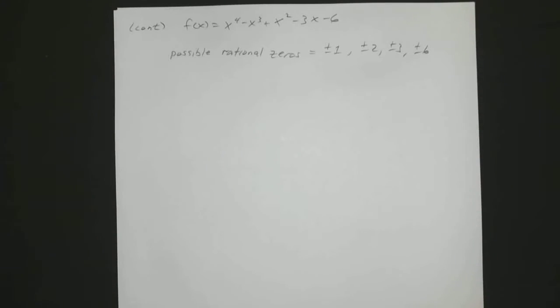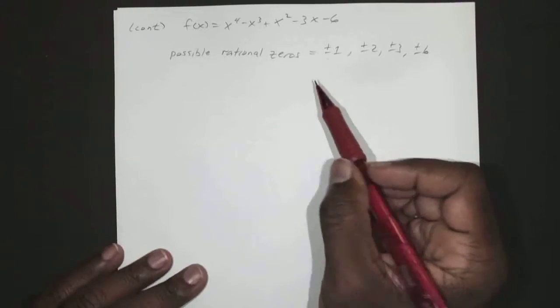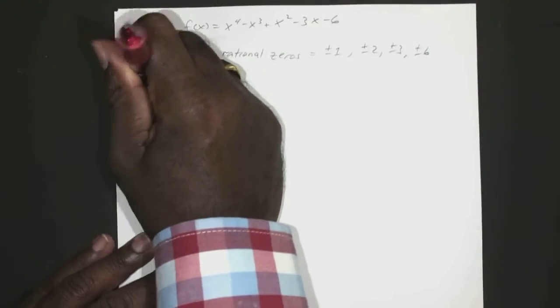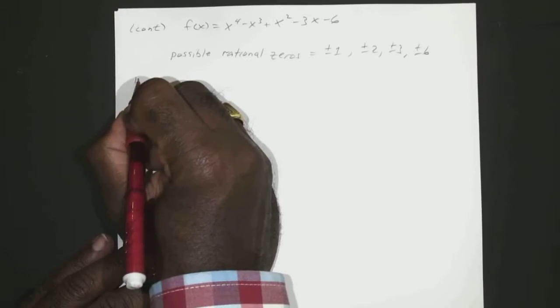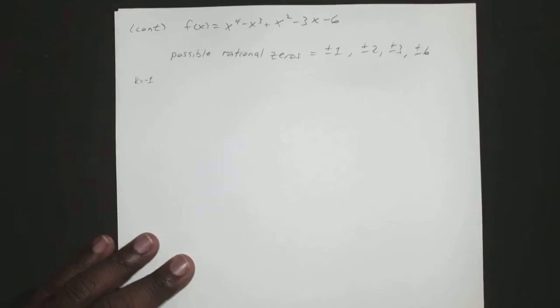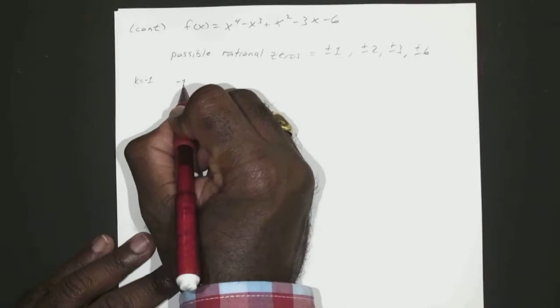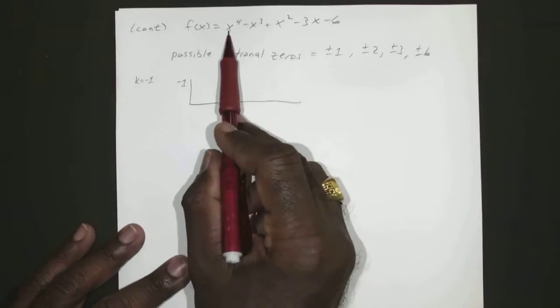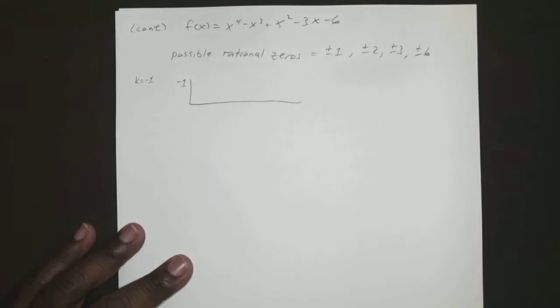Okay, so now we start with -1, or your k equals -1. So you have your -1. Now you just put in your coefficients.